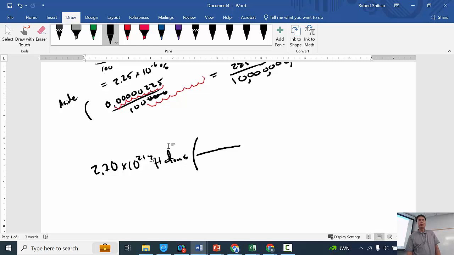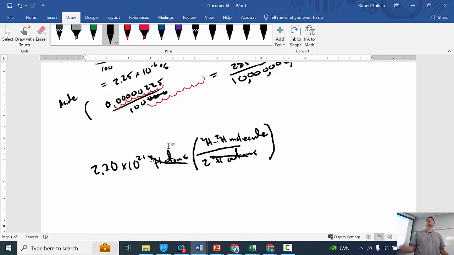So what we're going to do is I'm just going to say that there are 2 deuterium atoms per H2 molecule. Okay, that means the deuterium atoms are going to cancel out.